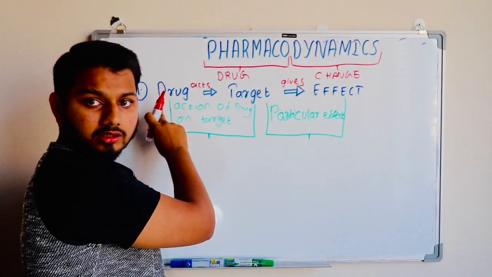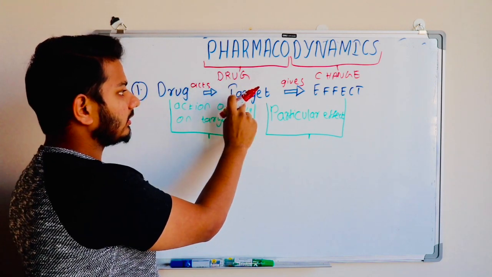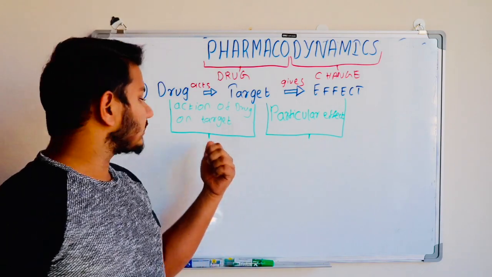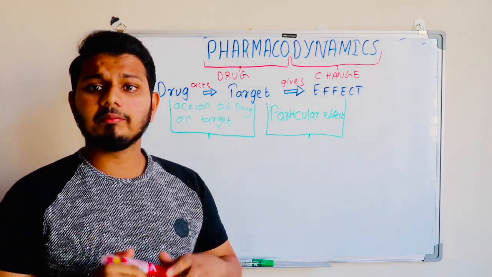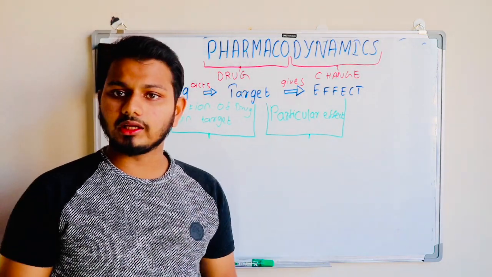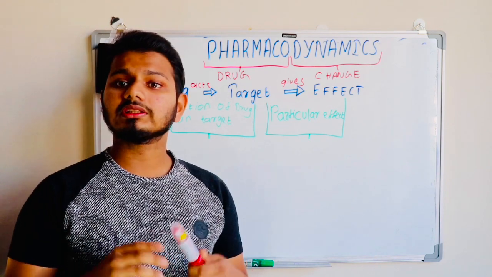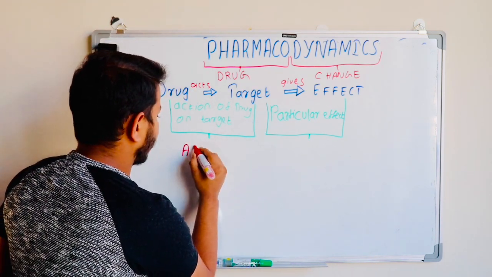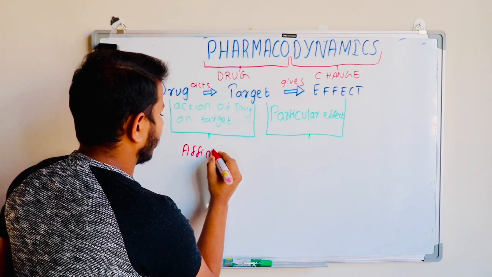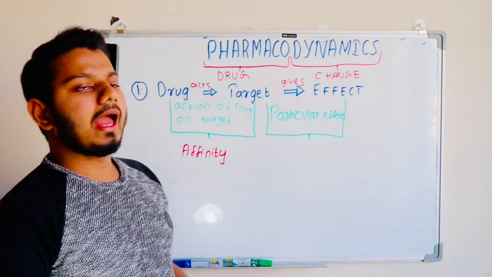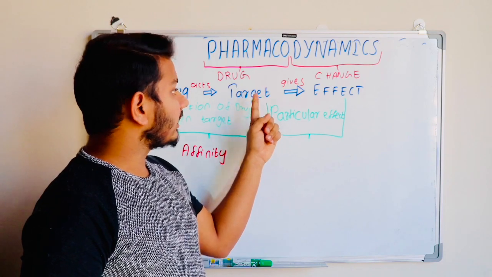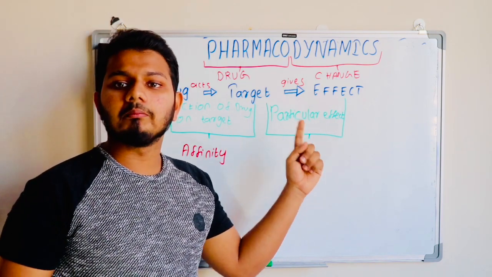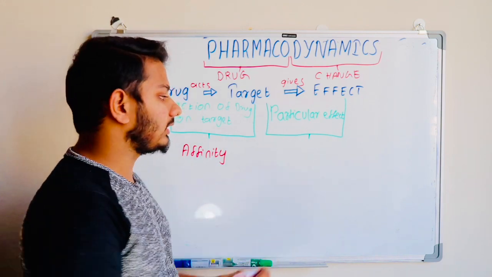This action of the drug on the target can be measured by a term known as affinity. And this target gives us an effect. This particular effect can be measured by a term known as efficacy.